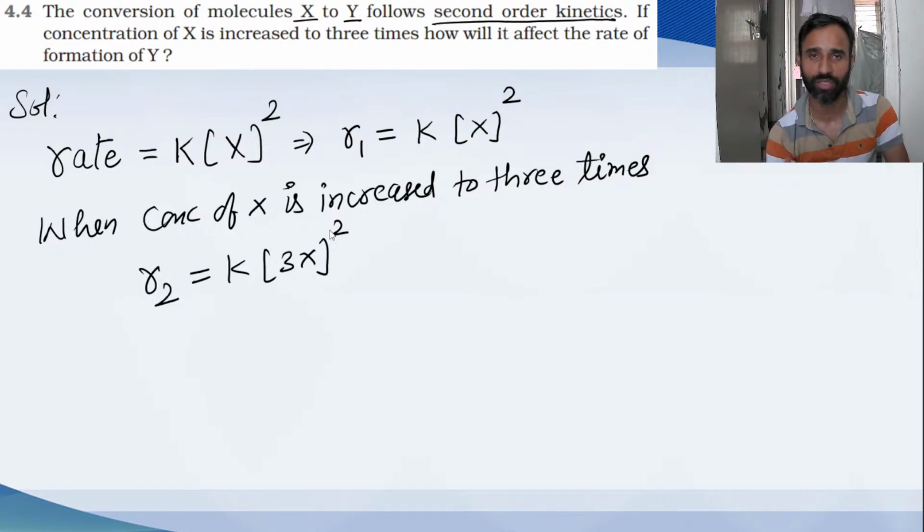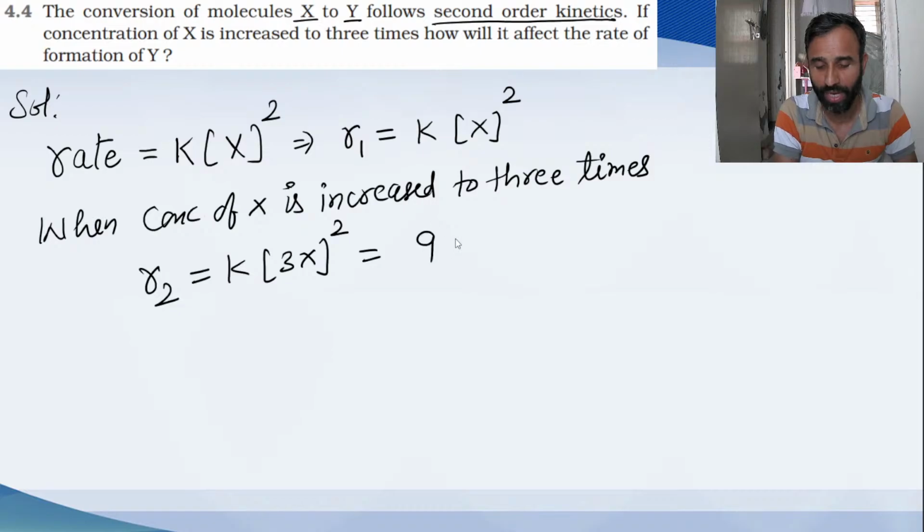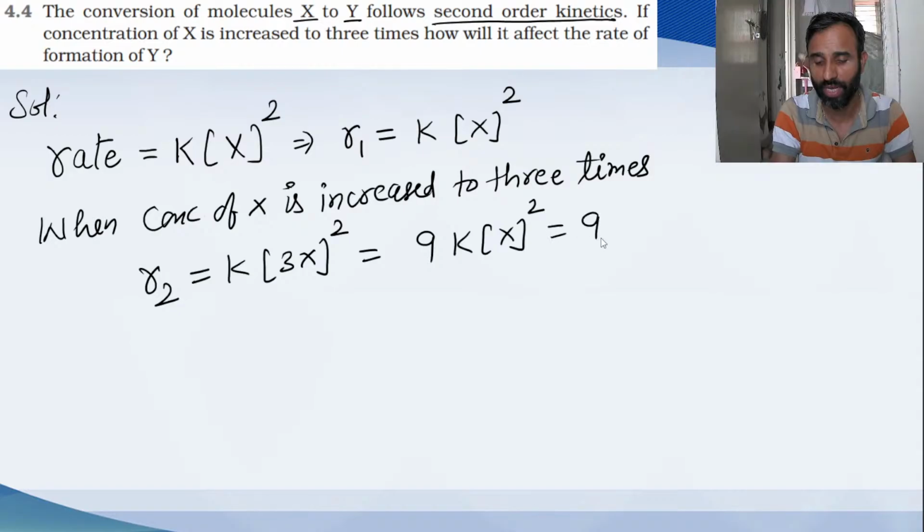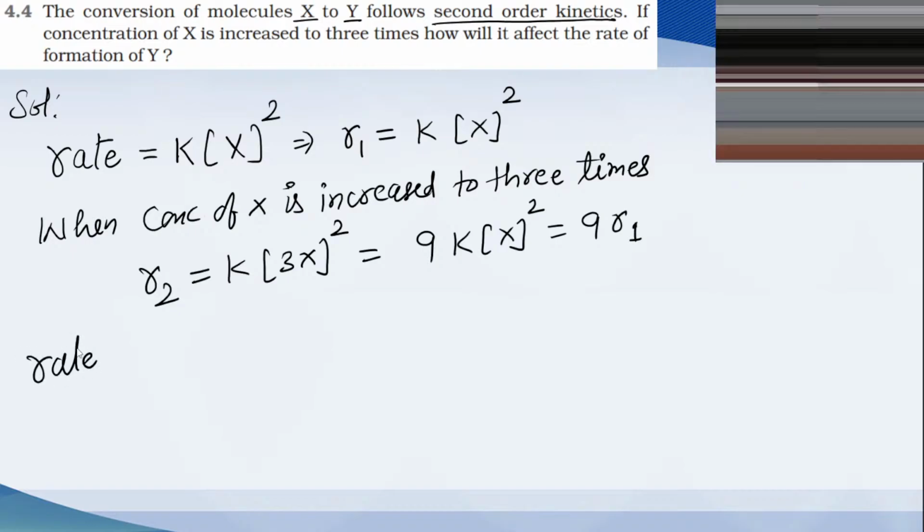Initially it is X, then finally, when it is increased, it becomes 3x. So it is equal to 9k into x raised to power 2, which means it is equal to 9 R1.